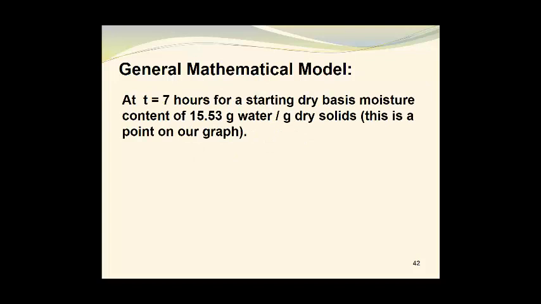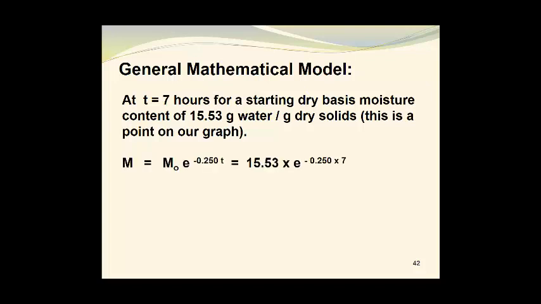For time t equals 7 hours for a starting dry basis moisture content of 15.53 grams of water per gram of dry solids, we can calculate the value. This is actually going to be a point that we had on our graph.